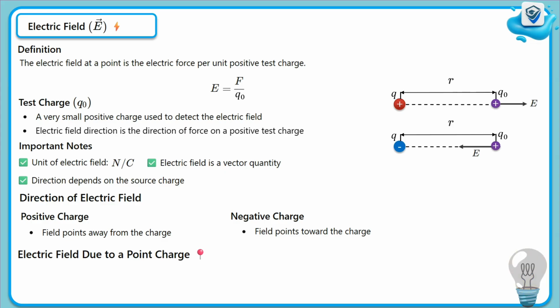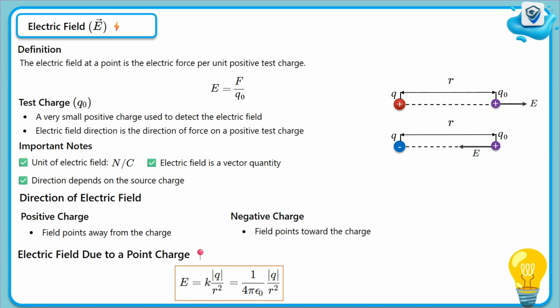Now, let's study the electric field created by a point charge. If a point charge Q creates an electric field at distance r, we use this equation. The electric field magnitude equals K times the magnitude of Q divided by r squared.